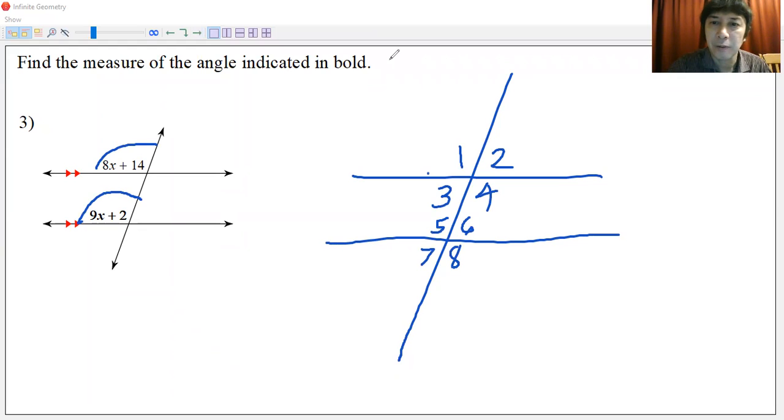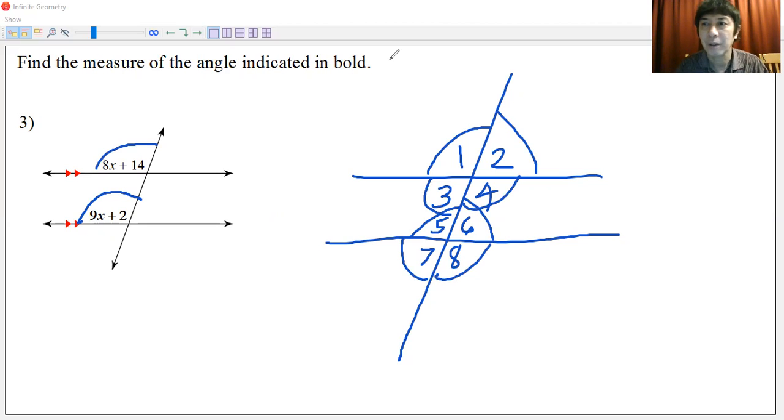Okay. This angle and this angle, that's an angle pair called corresponding angles, 1 and 5. Also 2 and 6, another pair of corresponding angles. Also 3 and 7, that's another corresponding angle pair. And we have the 4 and the 8, another corresponding angle pair.